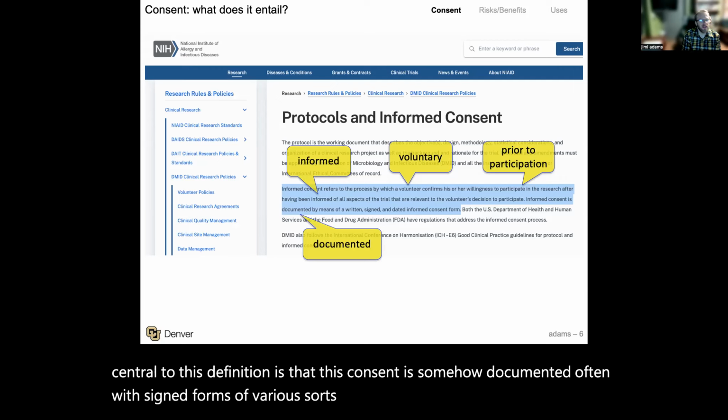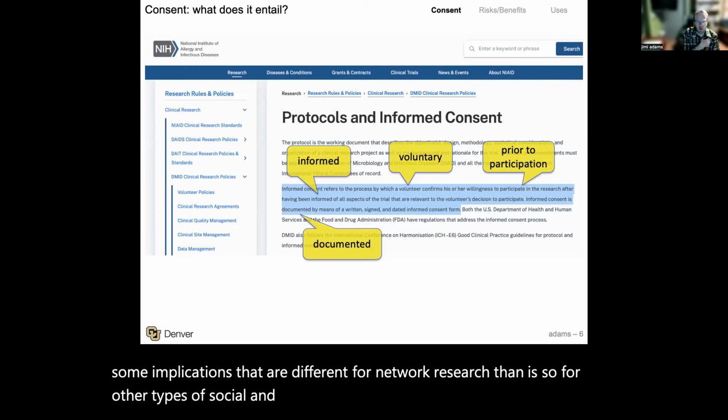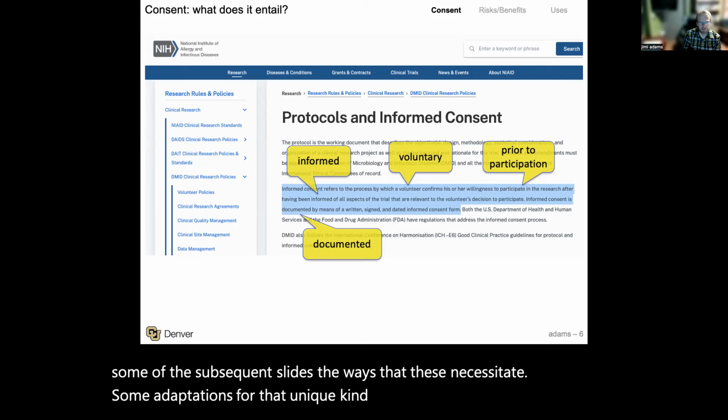And each one of these can actually have some implications that are different for network research than is so for other types of social and behavioral research. And so we're going to raise in some of the subsequent slides the ways that these necessitate some adaptations for that unique flavor.